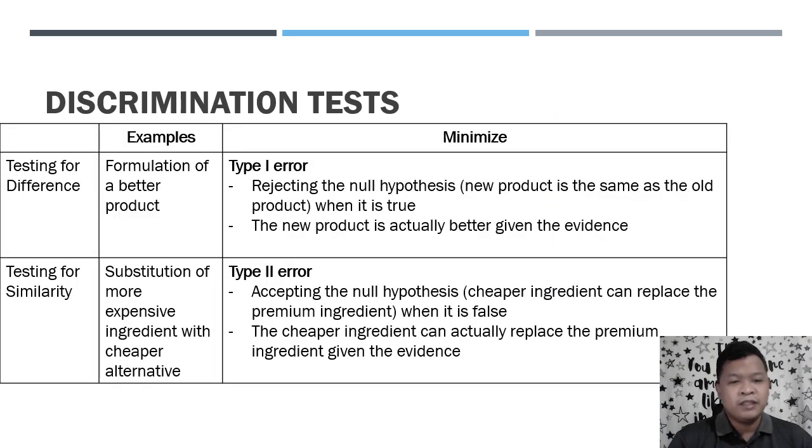So in the basic difference test, as we've discussed before, we can either test for a difference, where a difference is something that we want, such as in the formulation of a better product. Okay, na parang kung gusto mo ng new and improved something na marketing tag, no? So, kailangan meron ka scientific data to back up na talagang nag-improve siya, and how could that improvement be perceived?